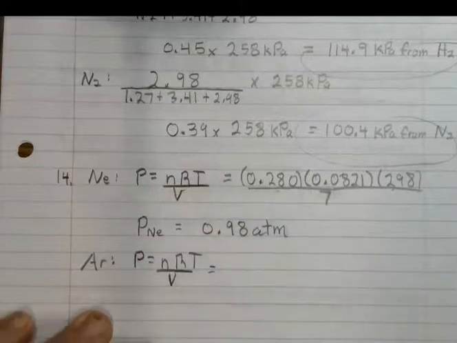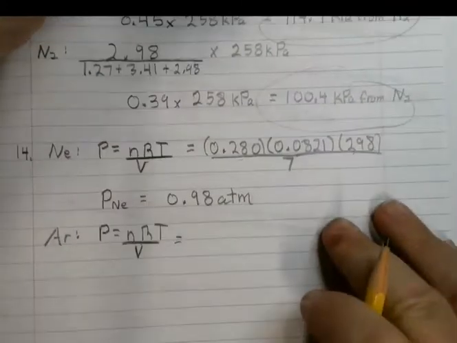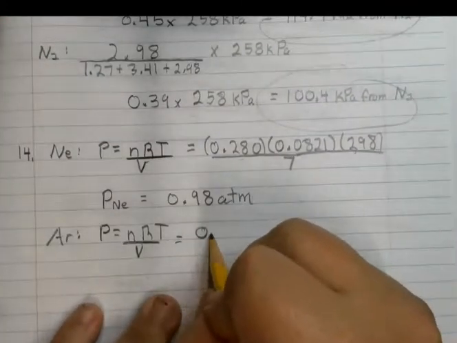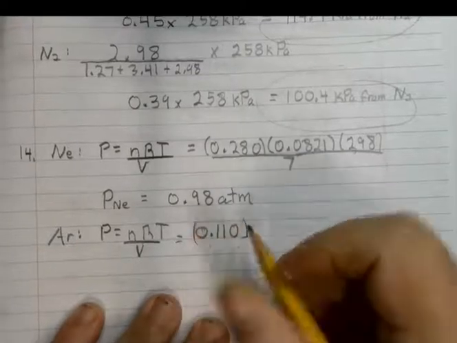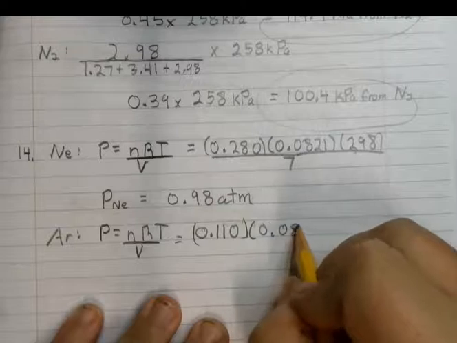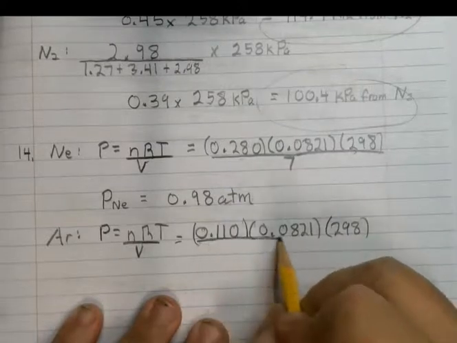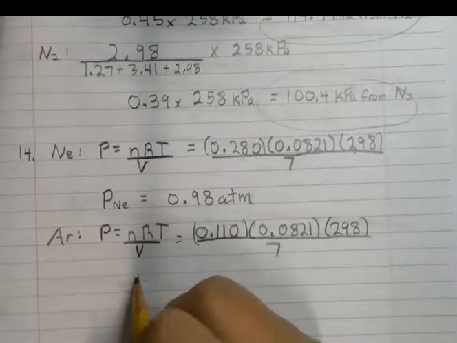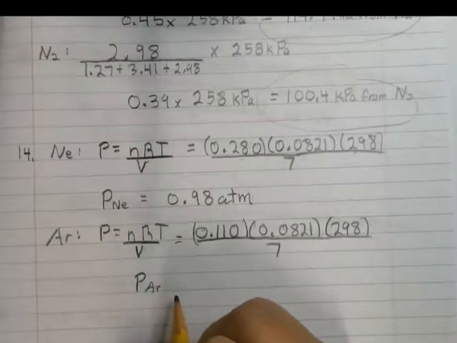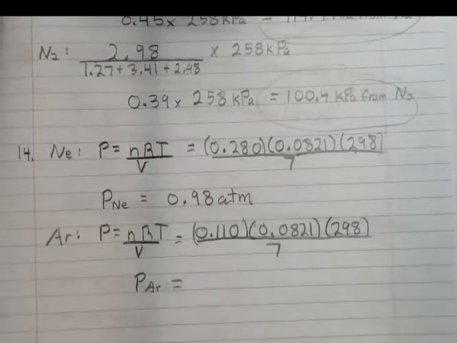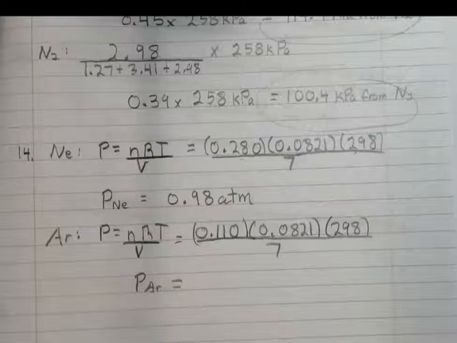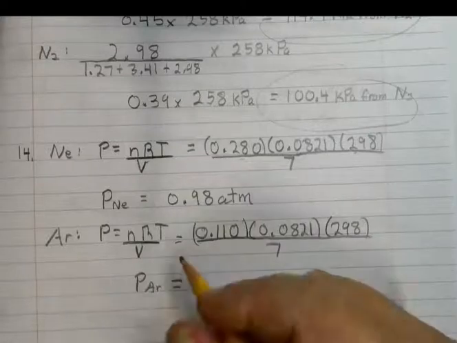So number of moles is the 0.11 for argon. There's R, T is 298, and V is 7. So the pressure for argon is 0.38.